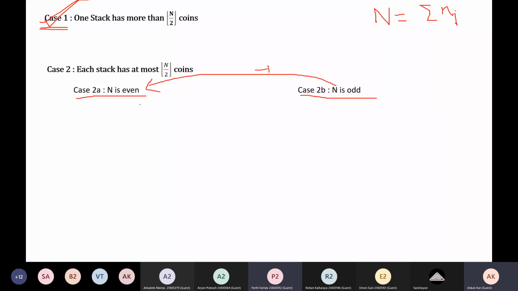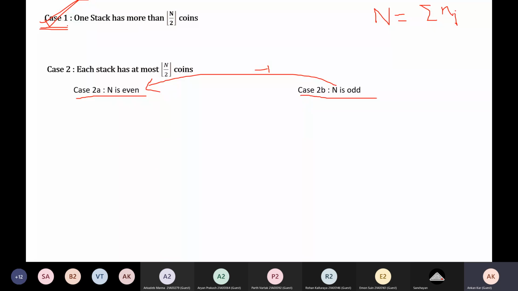Suppose there are n by 2 coins. A or B will keep on taking coins from here. Either it will reach a position of case 1, or, if it doesn't reach case 1, then what will you finally be left with? n keeps decreasing in each step, but case 1 is not reached.